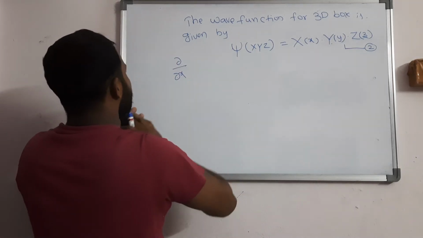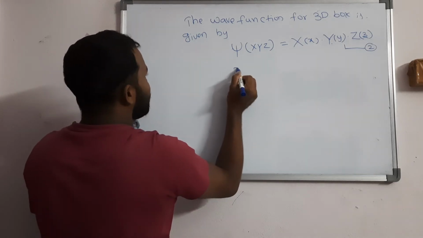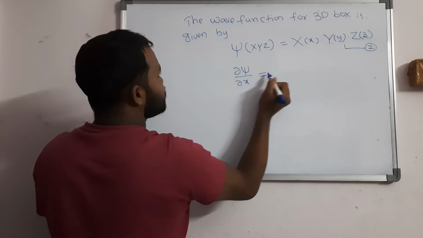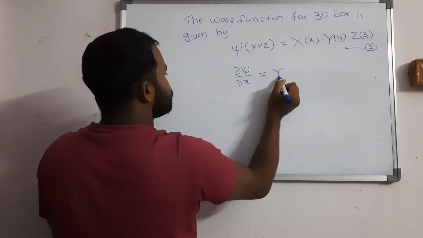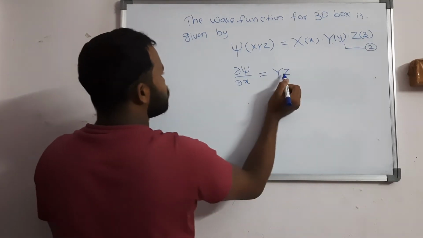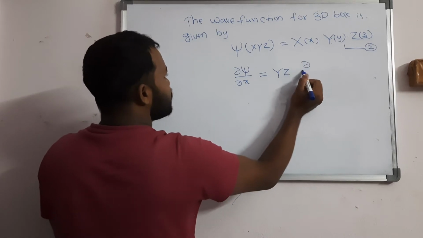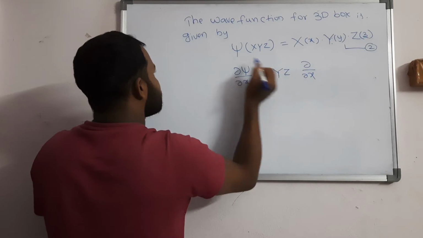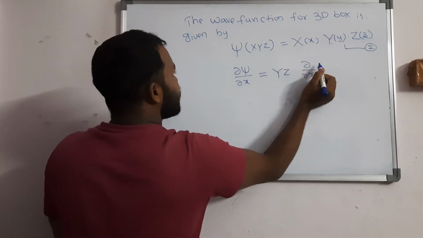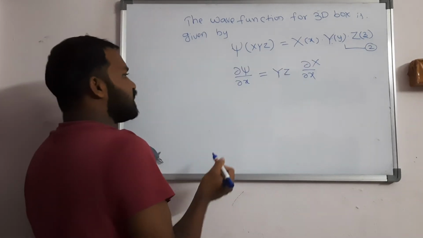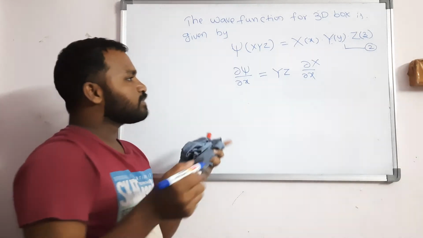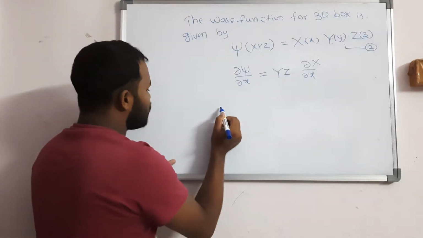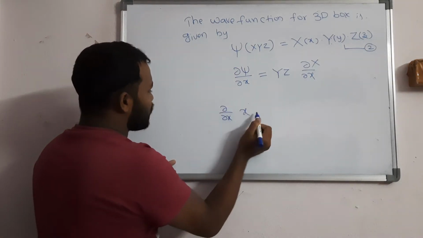Directly apply here dou psi by dou x is equal to, y and z are constant, so you should write only Y and Z. You will get the same, dou by dou x of X. So you can say dou X by dou x, sometimes it is 1, right? Just we will tell dou by dou x of x is 1, right?